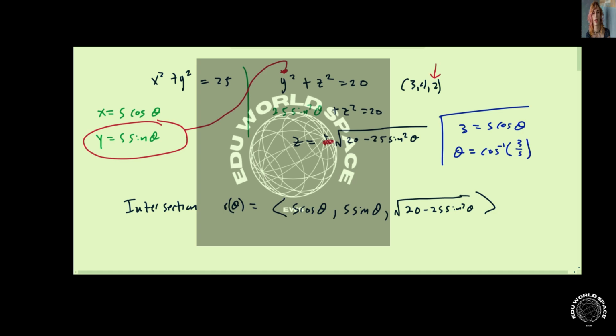For simplicity, since we'll need to plug this into sine as well, I'll go ahead and do that now, so we don't have to think later, what is sine of cosine inverse? So y is 4, which is equal to 5 sine theta, and we'd get theta is equal to sine inverse of 4/5. We'll use both of those later on.